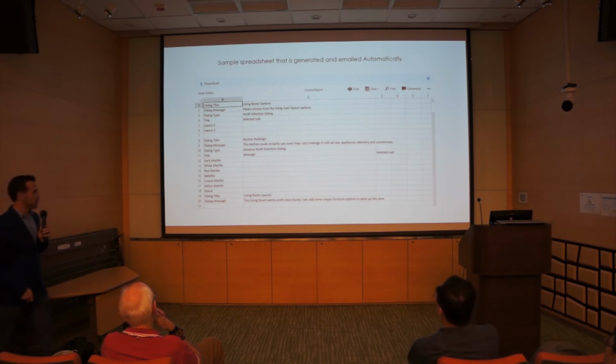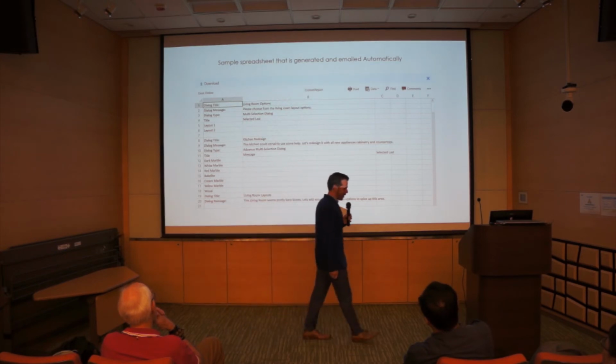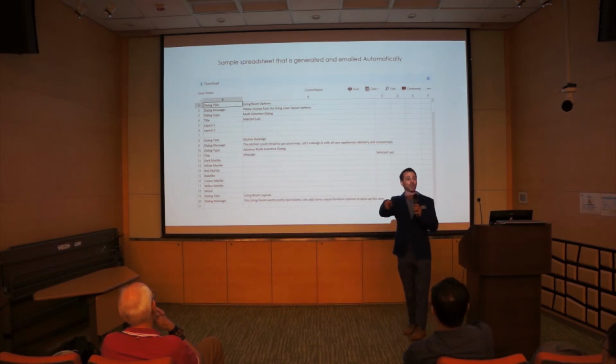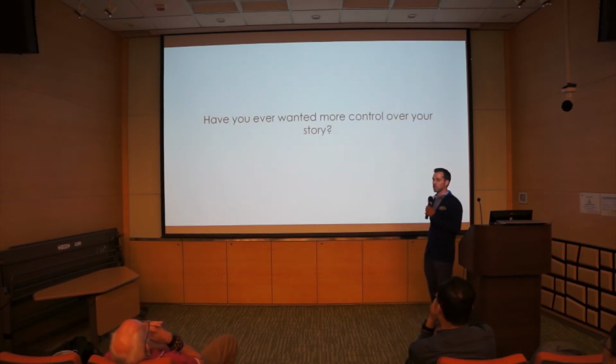It gives me that information live because I can't necessarily count on my client, to be honest with you, but I can count on the model to feed me the information I need, so I can have conversations with my client about how to move the project forward.